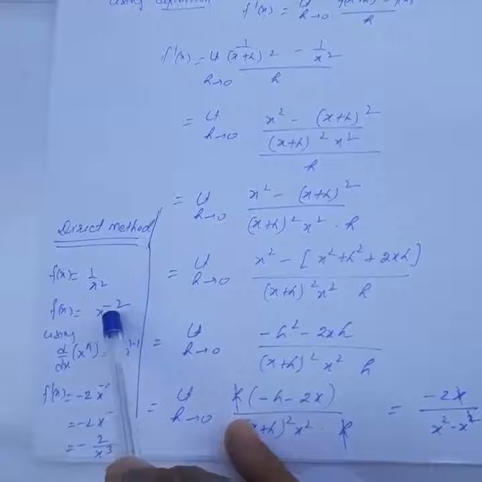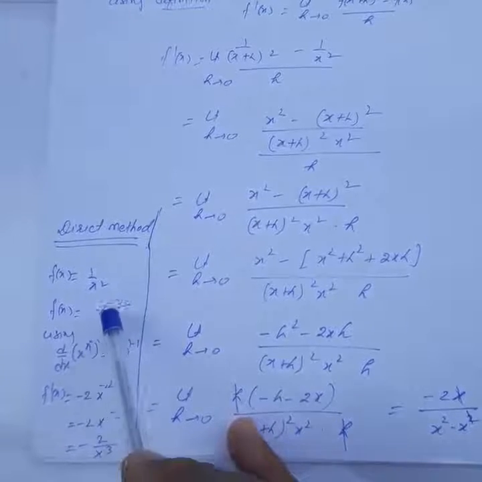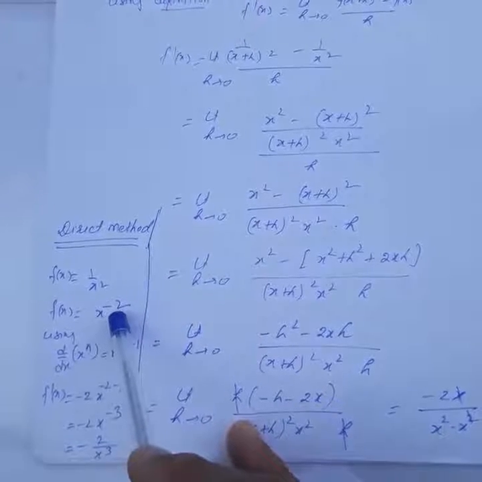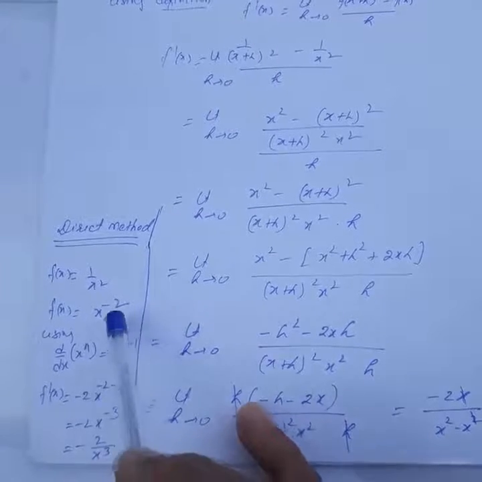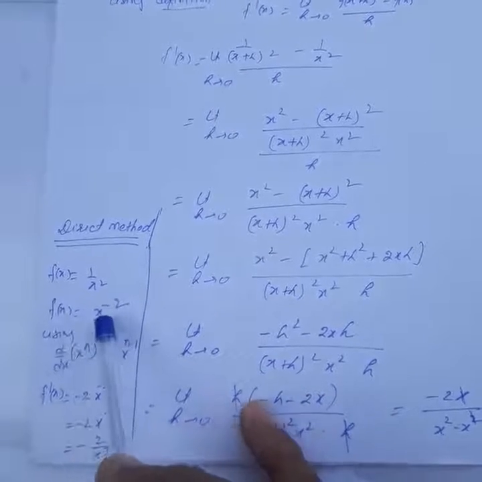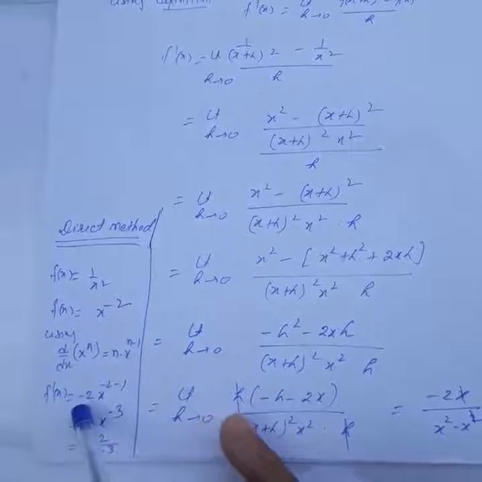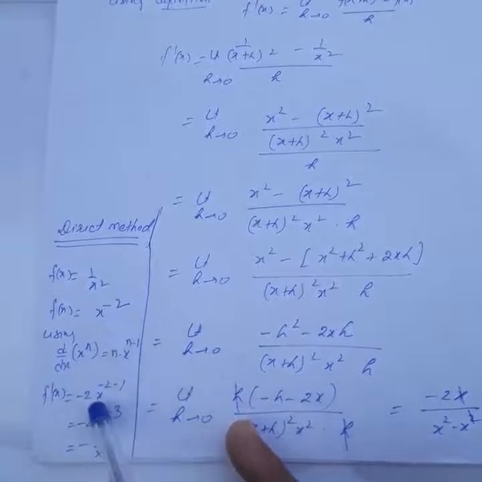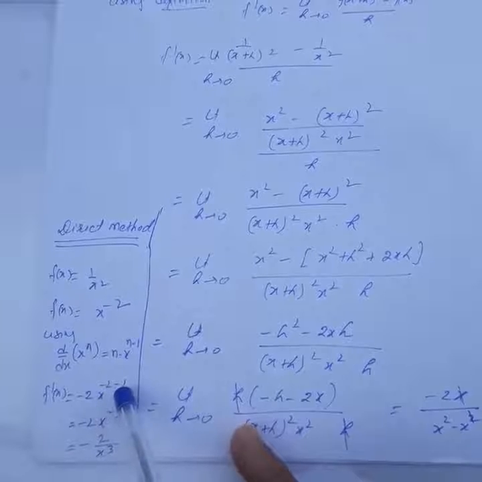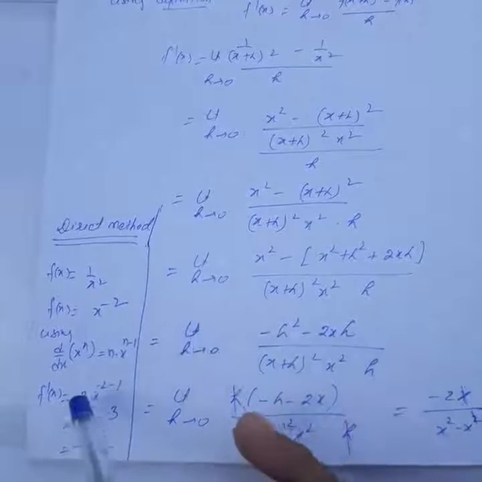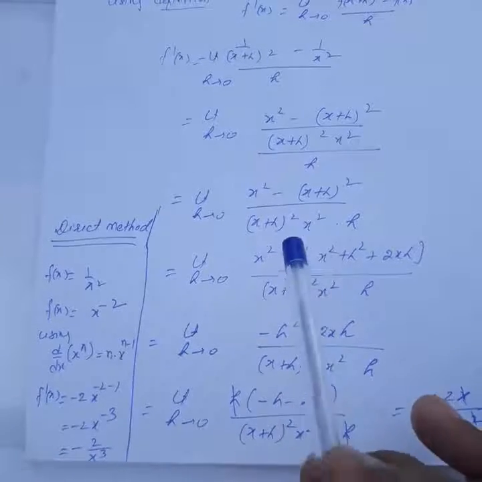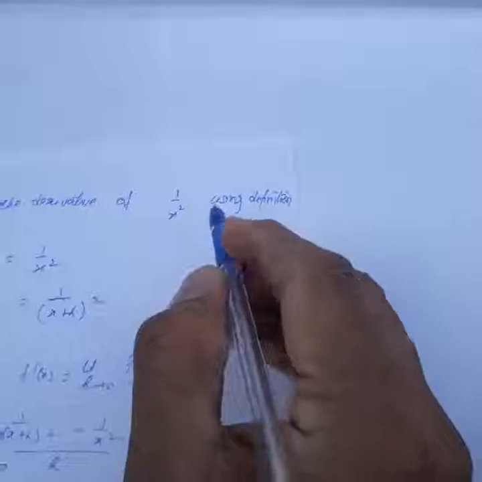If you compare x^(−2) with x^n, then n is −2. Use this formula and differentiate both sides. So f′(x) is equal to −2 into x^(−2−1). It will be −3. So you will get the same answer. This is the direct method, and this is using definition, using first principle.